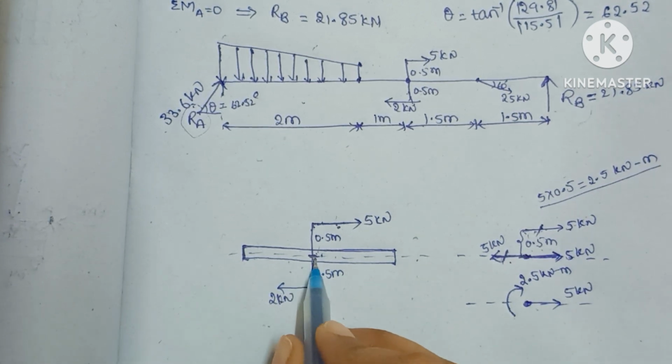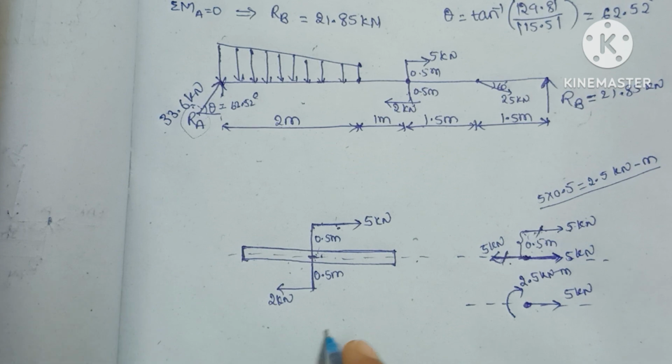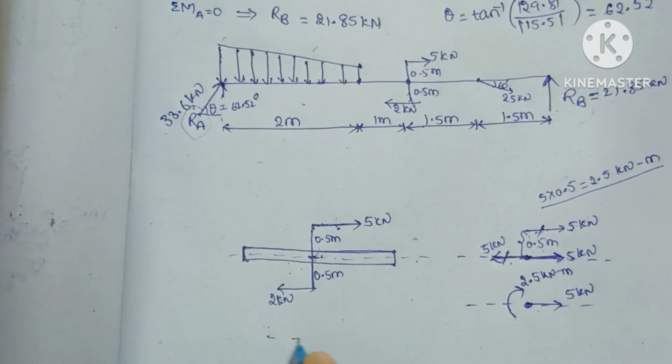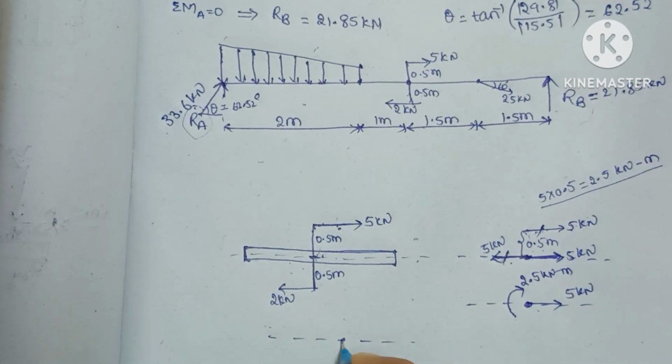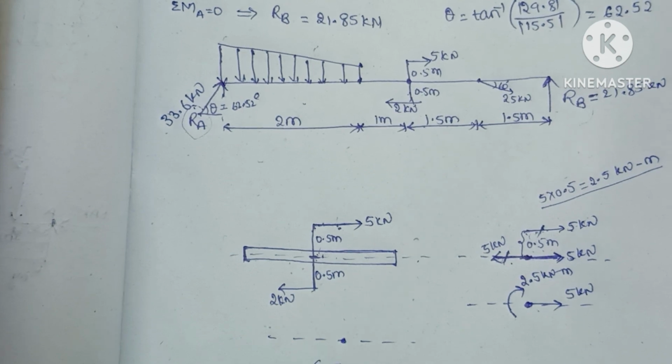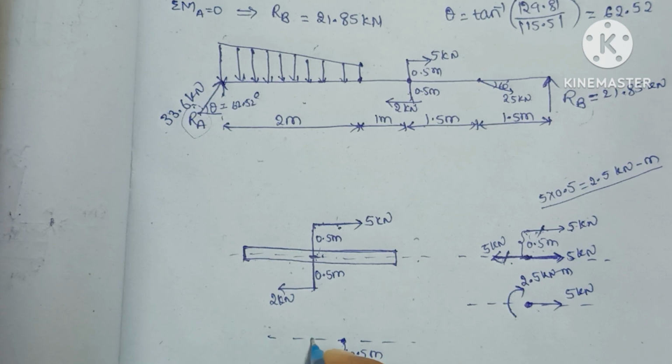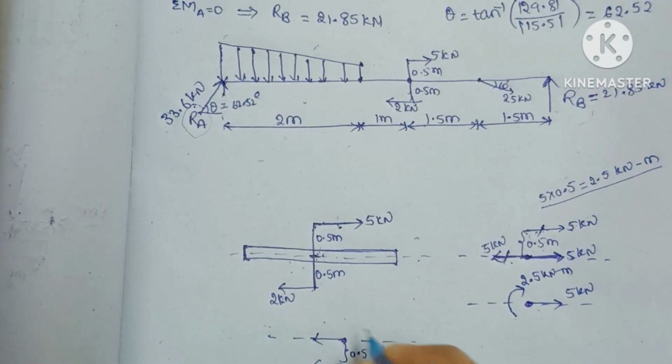Similarly here we have 2 kilonewtons of force. If we draw the axis line, here we have 2 kilonewtons of load with 0.5 meters distance, so we have to draw 2 kilonewtons of force on this side and 2 kilonewtons of force on this side.